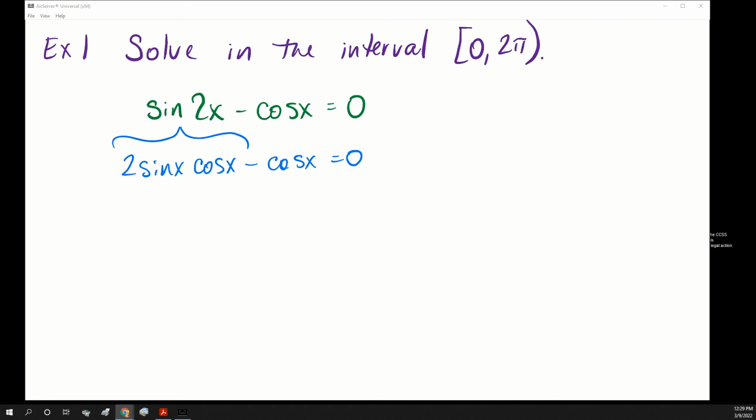All right, and then from there, we're going to solve it just like we've been doing. I feel like we've been solving equations for a long time. So what would you guys do? Factor out a common factor. And that common factor is going to be cosine of x.